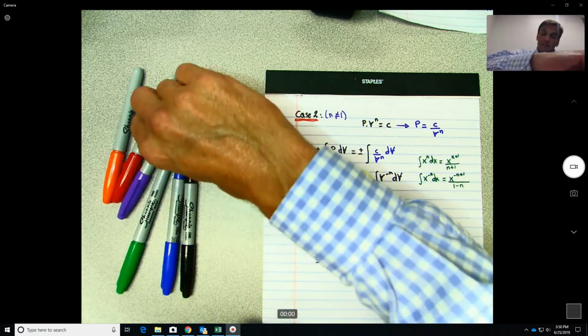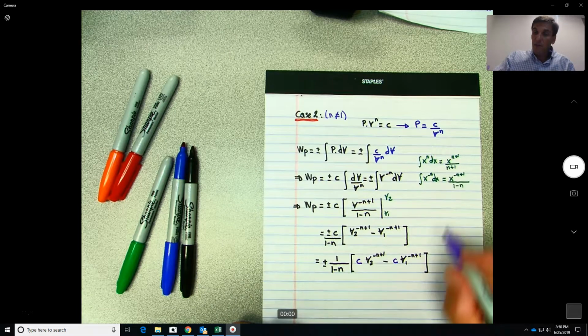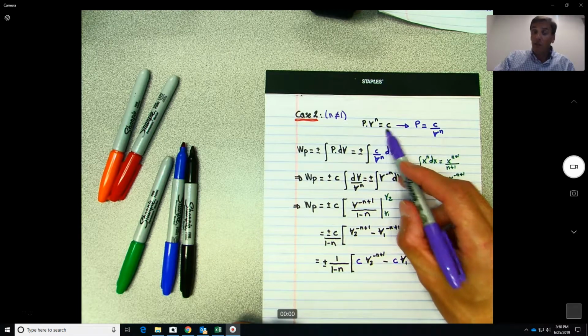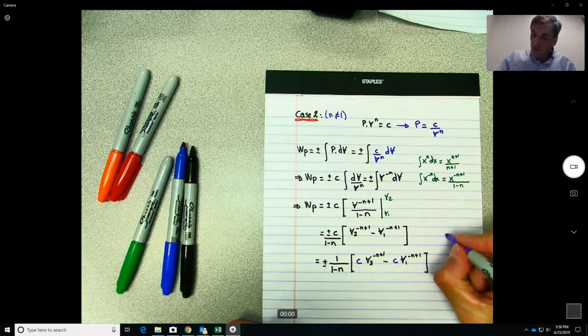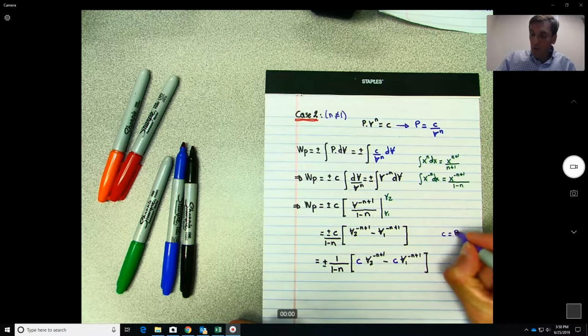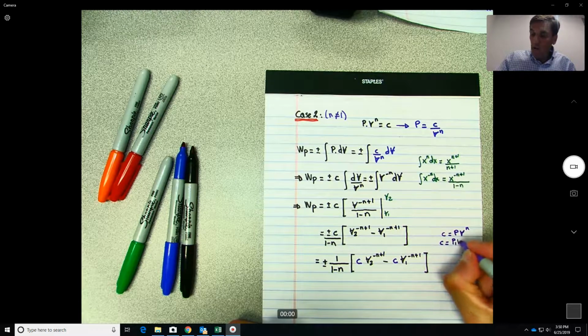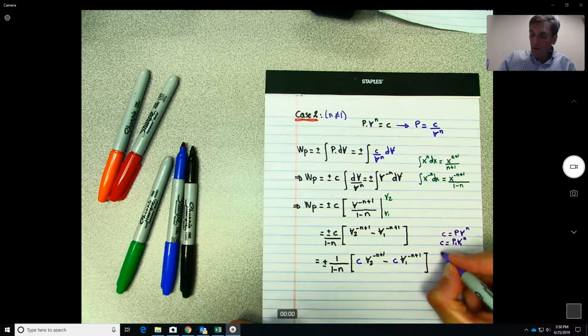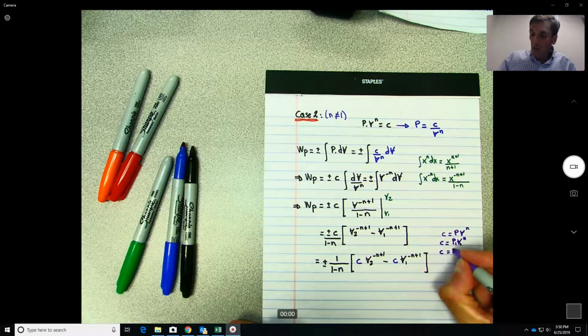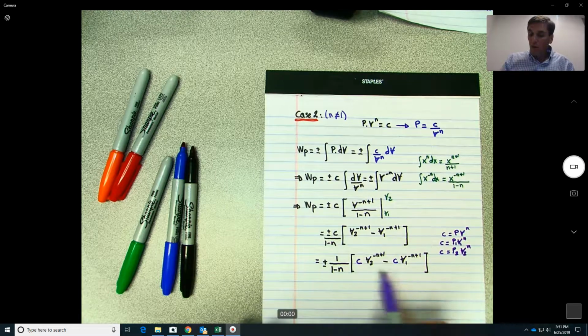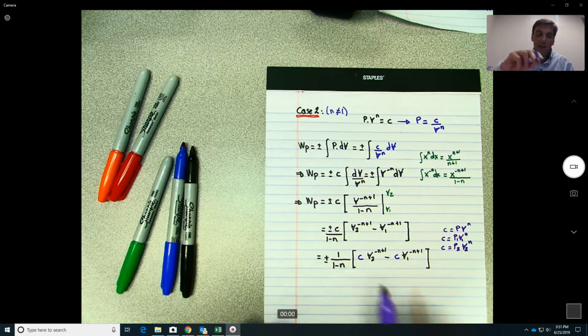Okay, and what is C? Remember from the above equation here, C will be equal to P V^n. So that means that C can either be equal to P1 V1^n, or C could also be equal to P2 V2^n. So for this C over here, we're going to use this expression, and for this C over here, we're going to use the first expression and see what happens.